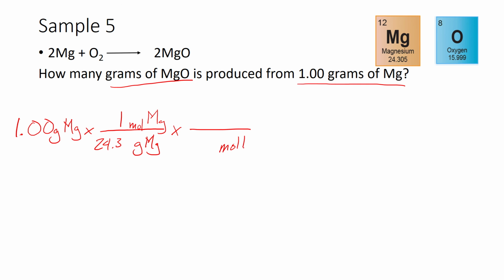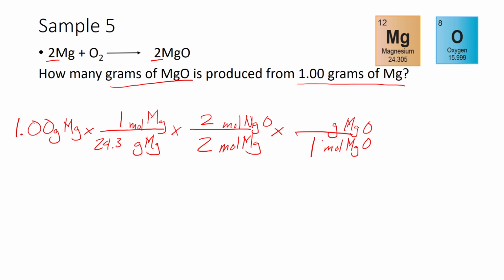Let's go from moles of magnesium to moles of magnesium oxide. All right. And looking at the equation, it's a 2 to 2 ratio. And then finally, let's get out of moles of magnesium oxide and into grams of magnesium oxide.